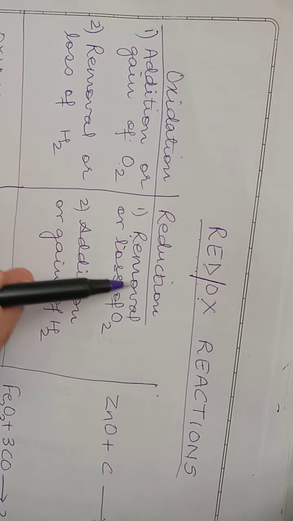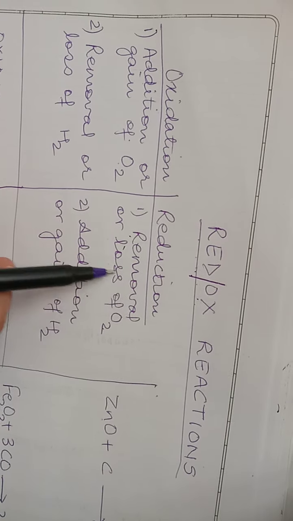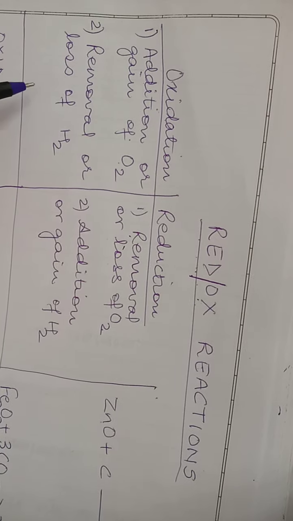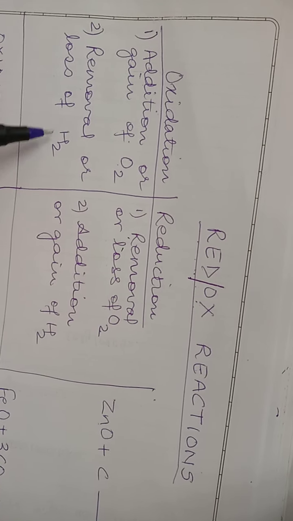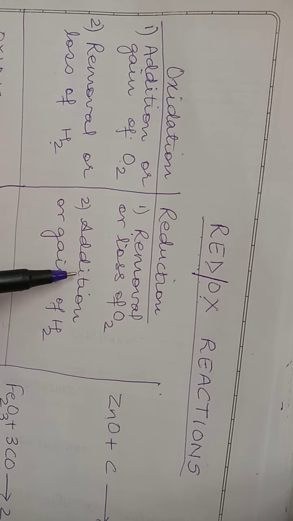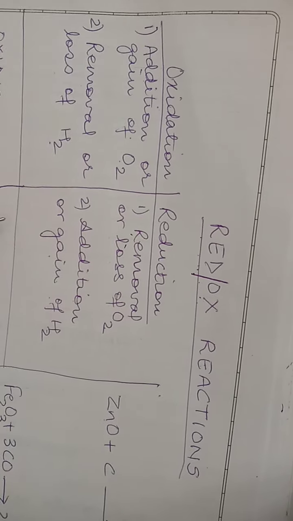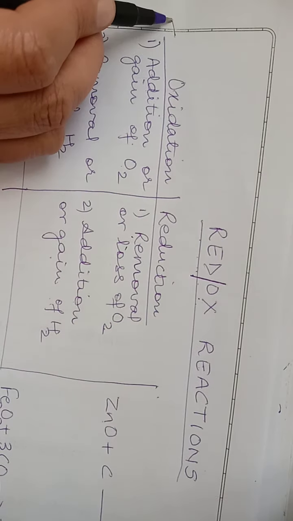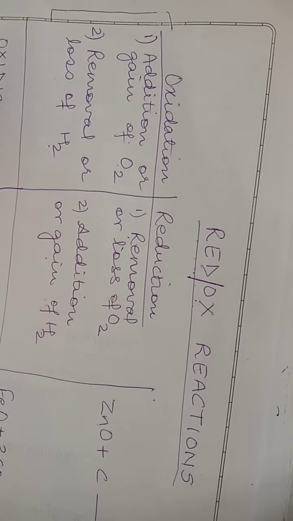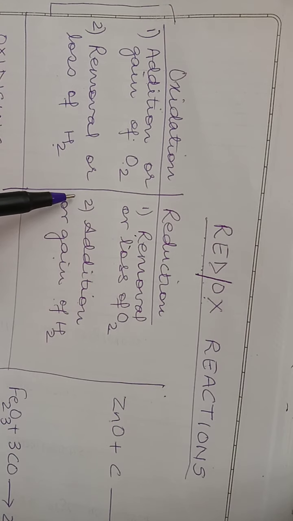If there is removal or loss of oxygen from a substance, we call it reduction. Removal or loss of hydrogen is oxidation, and addition or gain of hydrogen is reduction. This is the classical concept of understanding oxidation and reduction reactions.